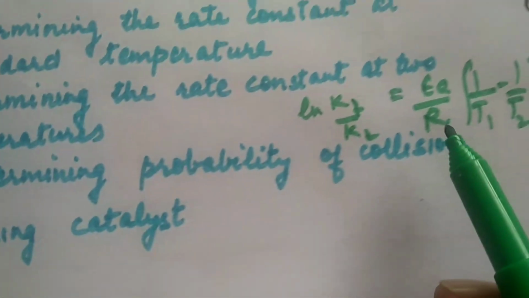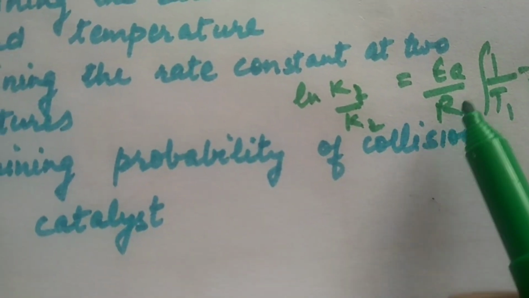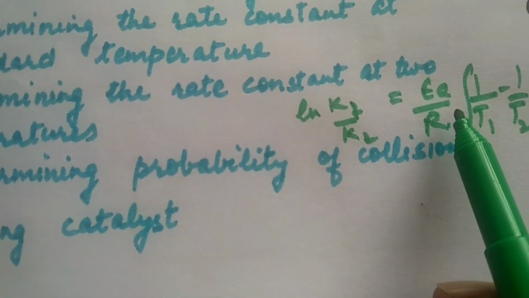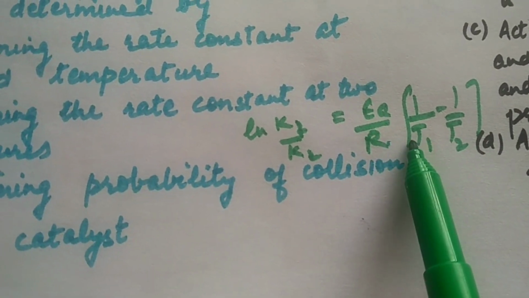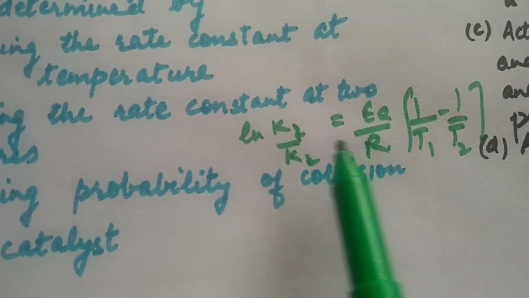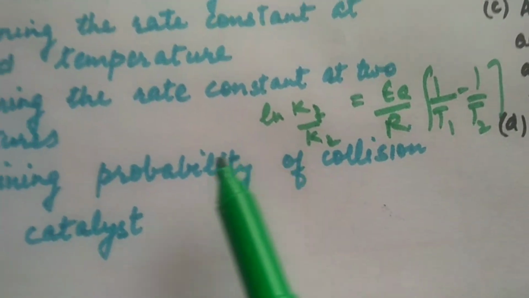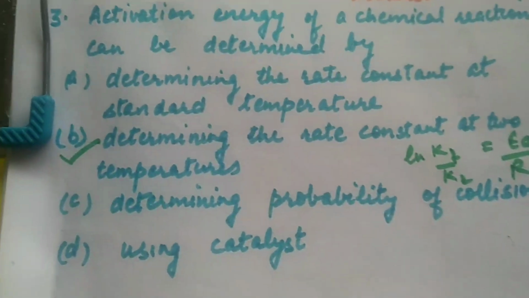So knowing the two temperatures and the rate constants, R is constant, so we get the value of activation energy. So activation energy of a chemical reaction can be determined by determining the rate constants at two temperatures T1 and T2. Option B is the correct answer.